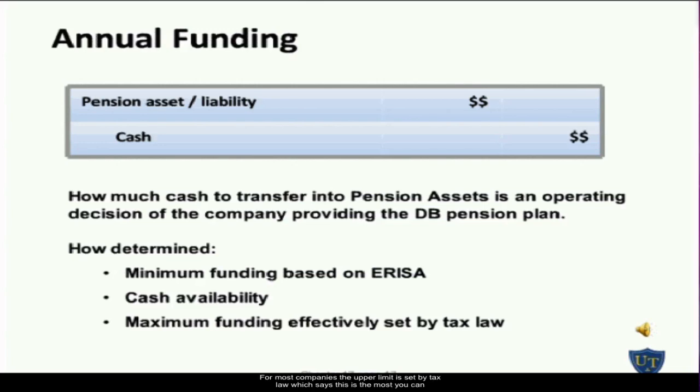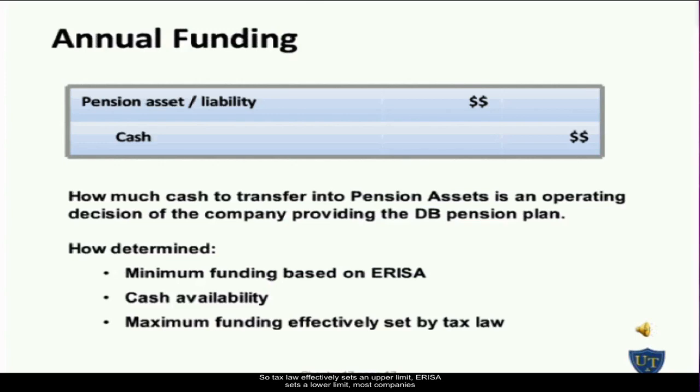For most companies, the upper limit is set by tax law, which says this is the most you can deduct on the corporate tax return for assets set aside for the pension plan.